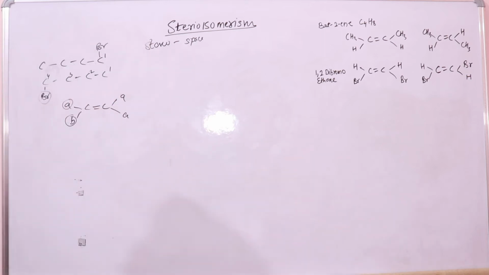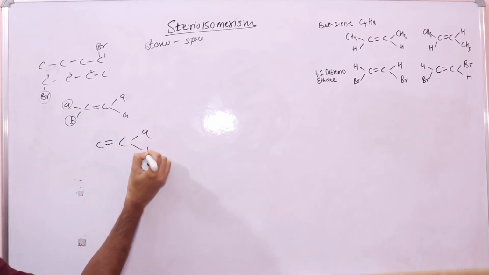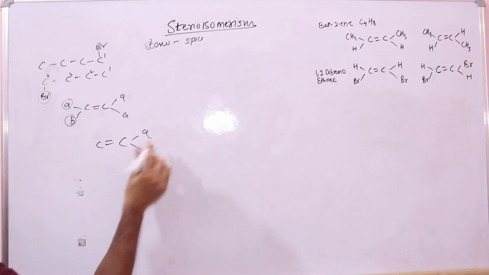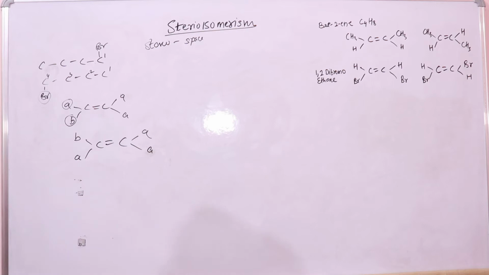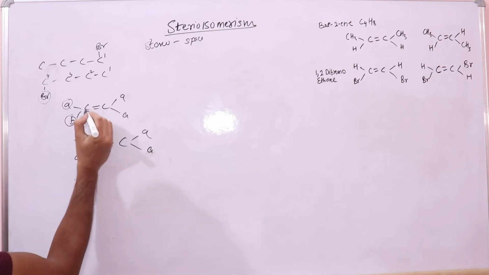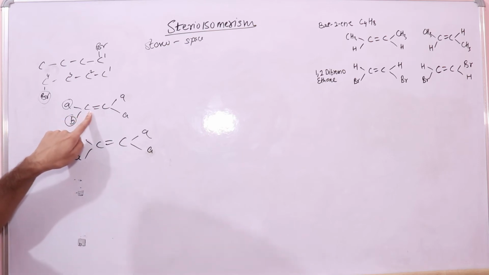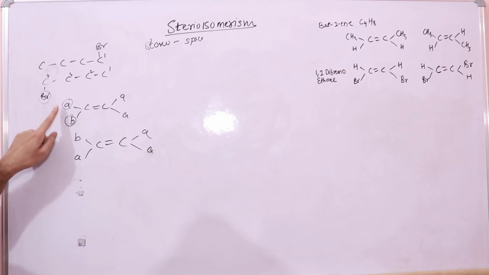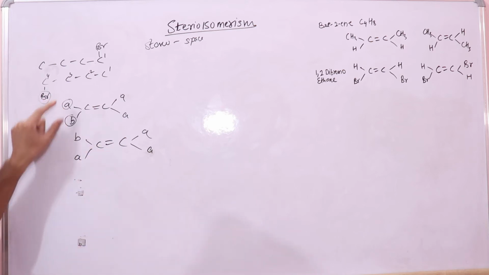For example, this is one form of isomer, this is another form. Here in both the molecules A and B are connected to this carbon atom only. Here also A and B are connected to this carbon atom only, but their arrangement in space differs.